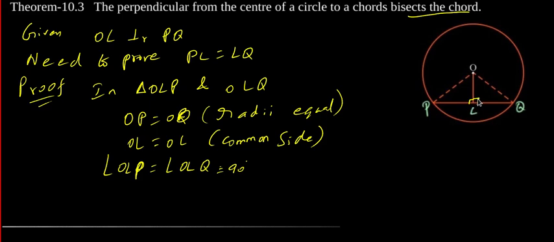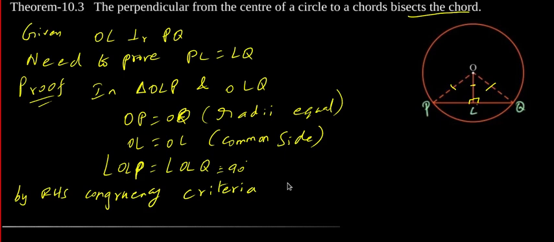So we have right angle, hypotenuse and one side of one triangle equal to right angle, hypotenuse and one side of the other triangle. So by RHS congruency criteria, triangle OLP is congruent to triangle OLQ.